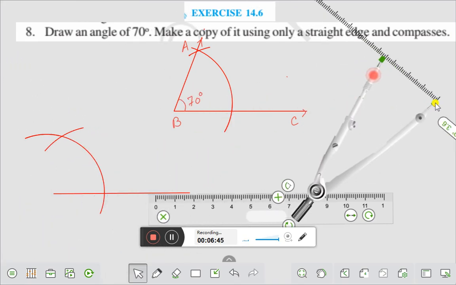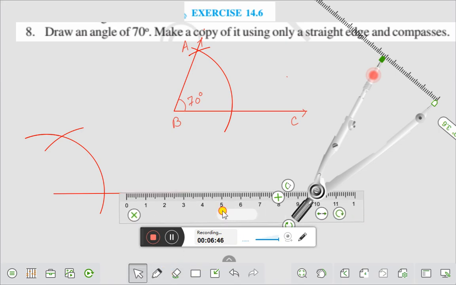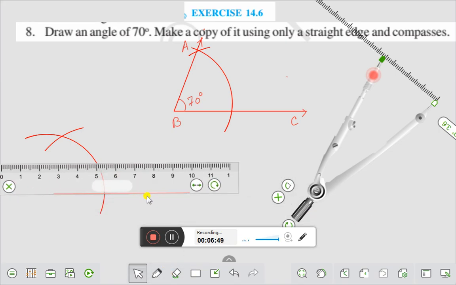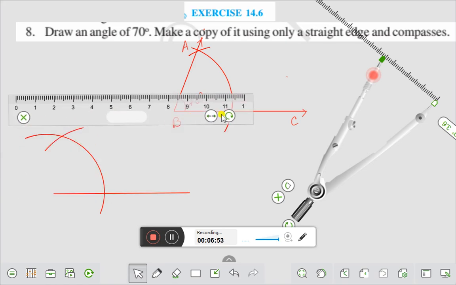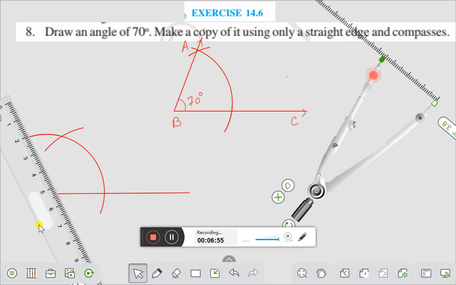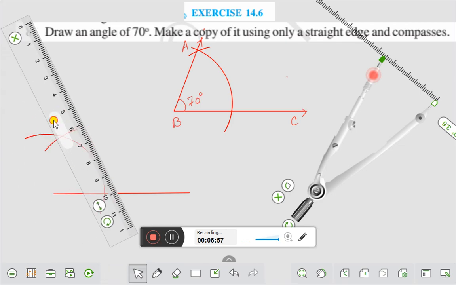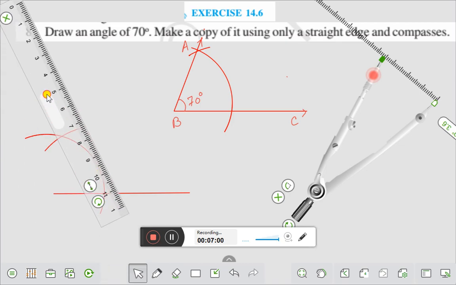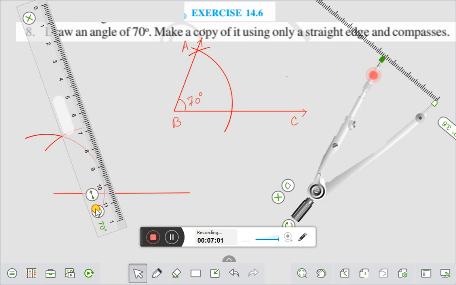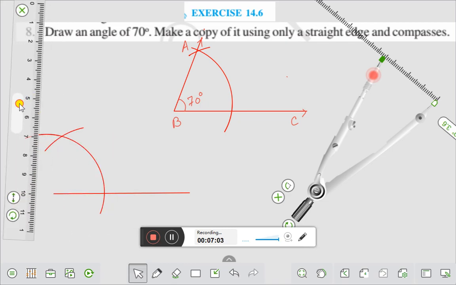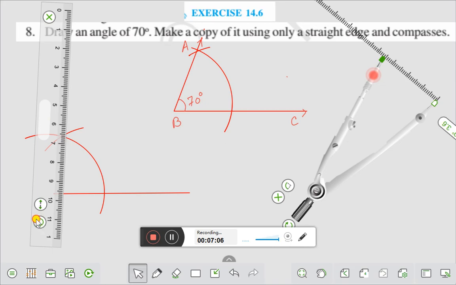Right? Now let us join this one. Let us join this line.